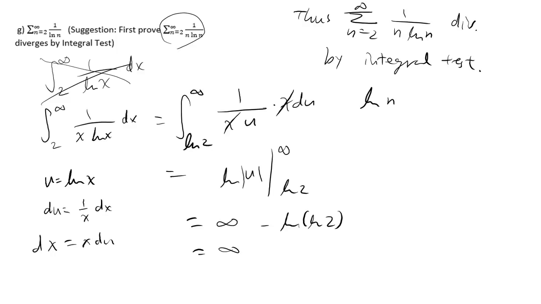Since log of n is less than or equal to n log of n when n is 2 or greater, when n is 2, this will be twice of that. Actually, I think this is true for n 3 or after, because log of 2 is a negative number. Sorry. This is true for n 2 or greater.